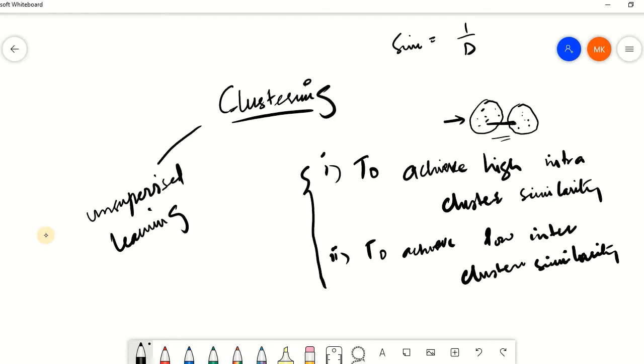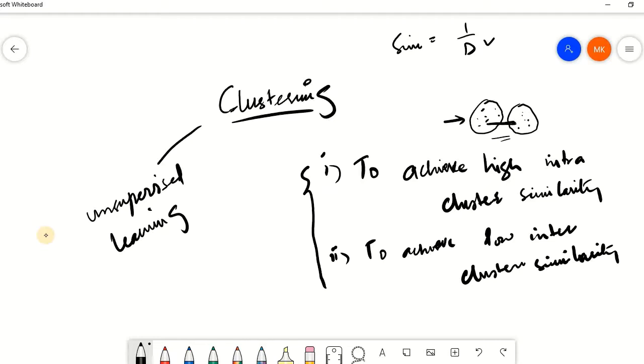So we'll keep on finding the distances between all the points, and the points having high distance or low similarity we will put in different clusters, while the points that have shorter distance, inversely having high similarity, we'll put in the same cluster. The process will repeat until all the points settle into their respective groups, and that's how a clustering algorithm works.